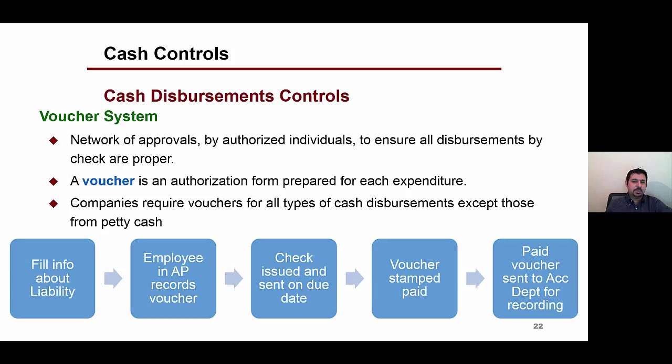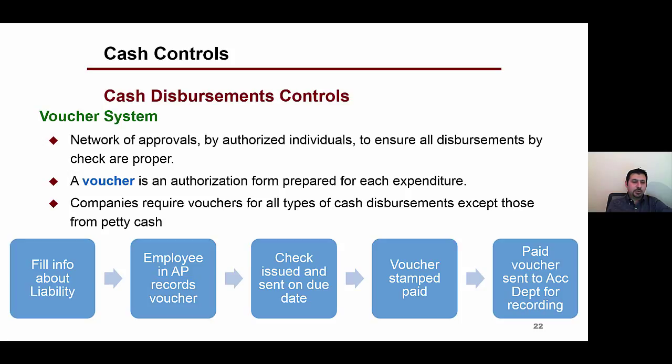This is a mechanism of payment. It is basically a network of approvals. What we mean by that is a chain of authorized people signing off on that voucher until it is completed and paid.